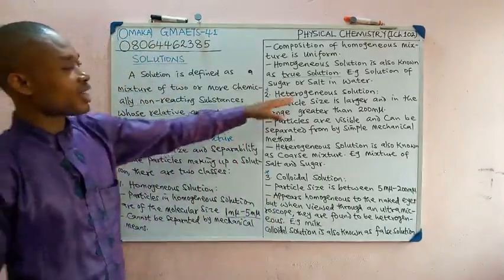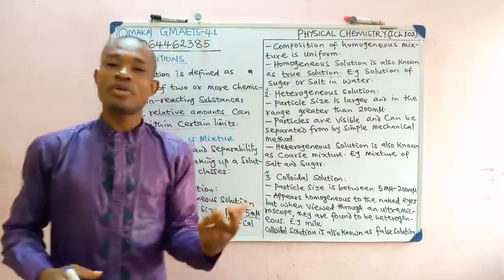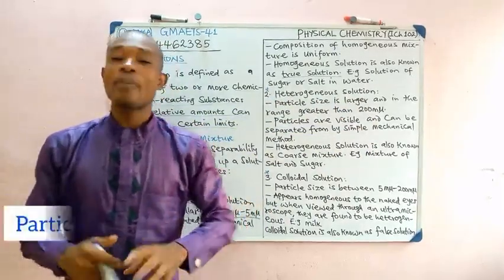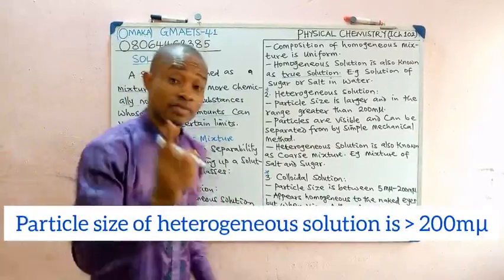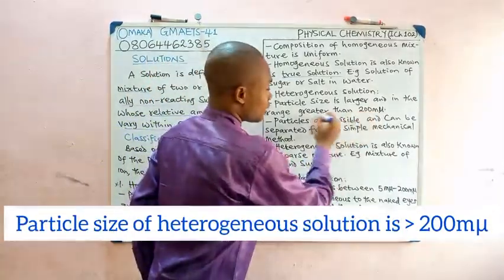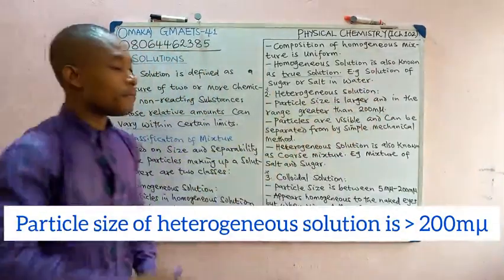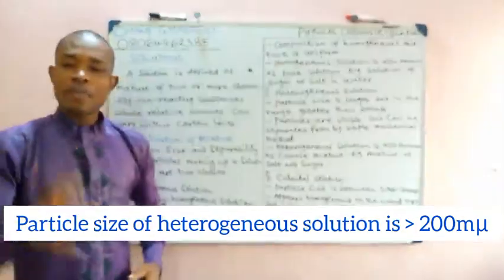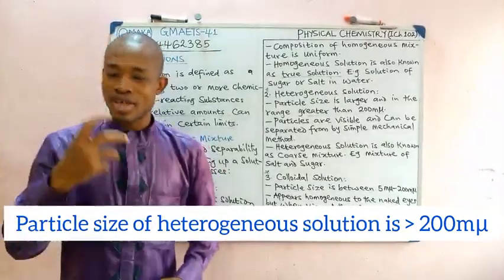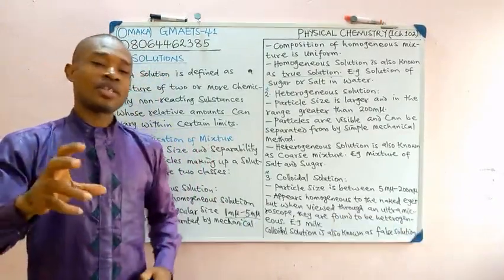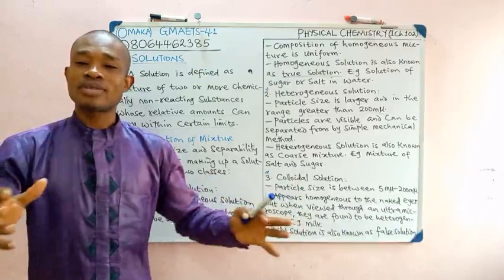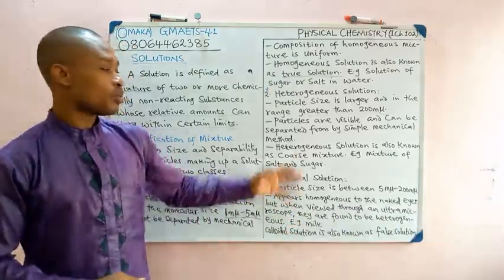Now I want to talk about heterogeneous solution. What should we know about it? The particle size is greater than 200 millimicron. Now look at it, greater than 200 millimicron. The particles of a heterogeneous solution can be visible to the eyes, and that means we can actually separate them using a simple mechanical method.